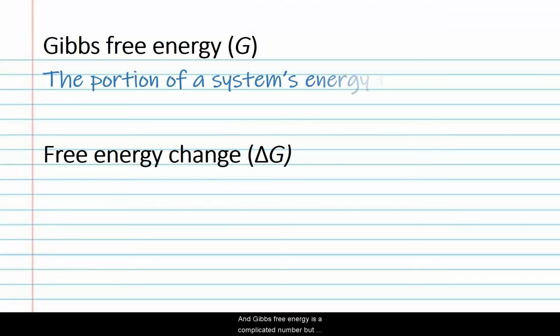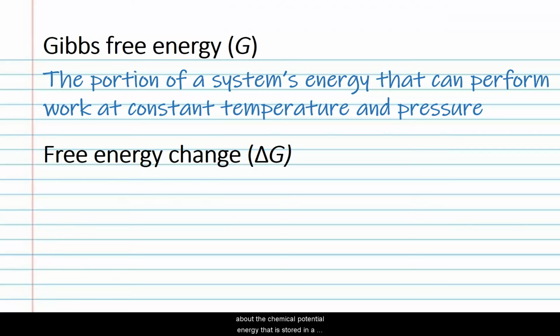And in this class, we're really focusing on the energy of a molecule. So when we talk about Gibbs free energy in this class, we're talking about the chemical potential energy that is stored in a given molecule. This is a way that we can quantify that. We can give it a number.